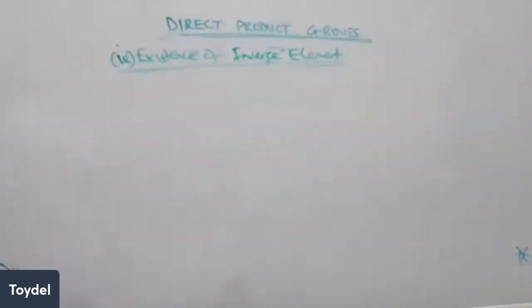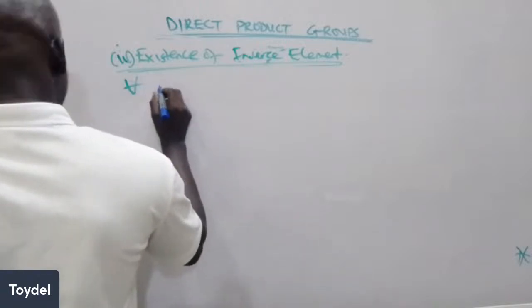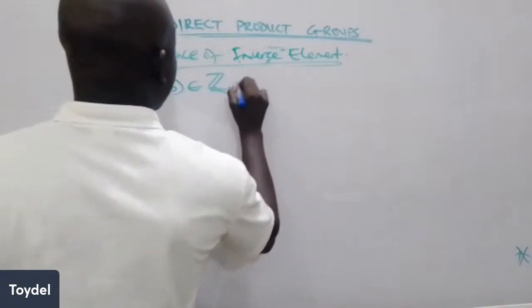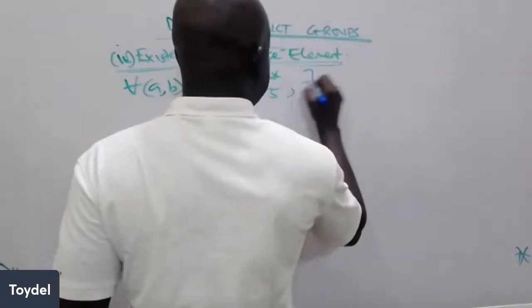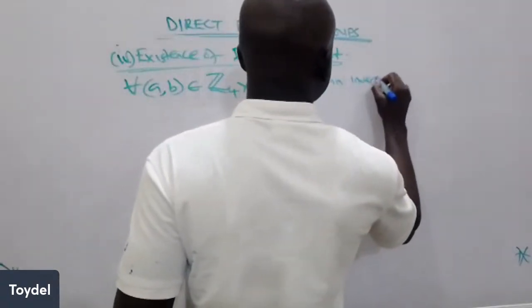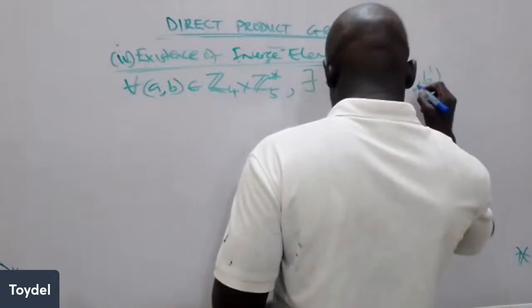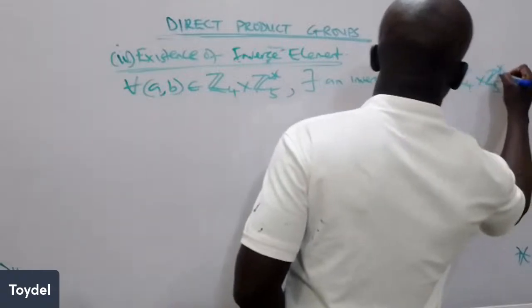So under the existence of inverse elements, what do we have? Just say for all (A, B) that belongs to Z4 cross Z5 asterisk, there exists an inverse. Let the inverse be (A prime, B prime) that belongs to Z4 cross Z5 asterisk.